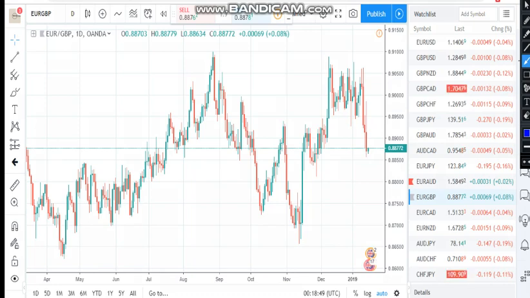Looking at this chart, the first thing we noticed was that resistance level. Price was rejected and that resistance level held strong.